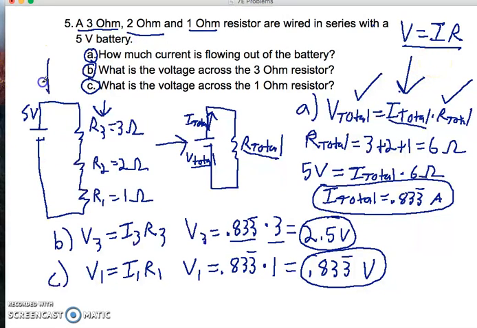If you have a circuit, you can apply Ohm's law to individual resistors in that circuit, and that's where you get V3 equals I3 R3, V2 equals I2 R2. Or you can apply Ohm's law to a simplified circuit, and that's where you get V total equals I total times R total. So that's the idea in this section. It looks like a lot, but it's really just Ohm's law, which is always valid. You just have to be careful about what you plug into it. Okay, that's it for now.